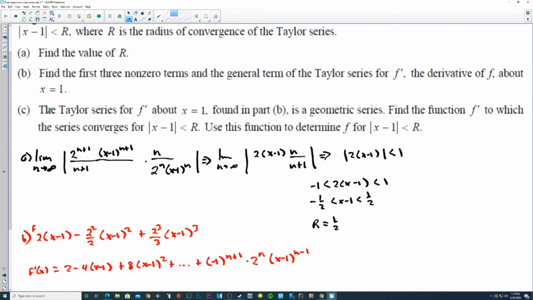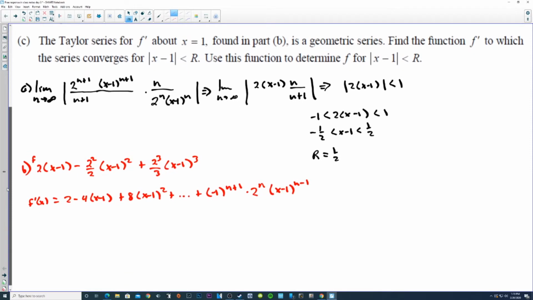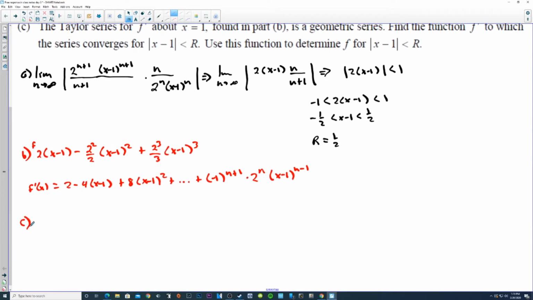Letter C, the Taylor series for f prime about x equals 1 found in part B is a geometric series. Find the function f prime to which the series converges for the absolute value of x minus 1 is less than r. Use this function to determine f for absolute value of x minus 1 less than r. So they're saying that B is a geometric series, and we're just going to find a function for f prime.